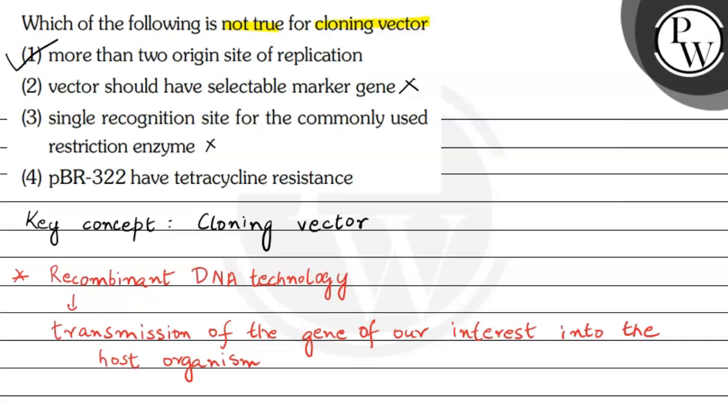Now the fourth one is PBR322 have tetracycline resistance. Again this statement is true about a cloning vector because we saw that PBR322 has two selectable markers, that is ampicillin resistance and tetracycline resistance. So again this option is also incorrect because this is a true statement about the cloning vector.